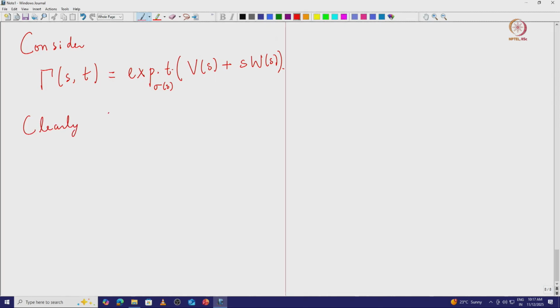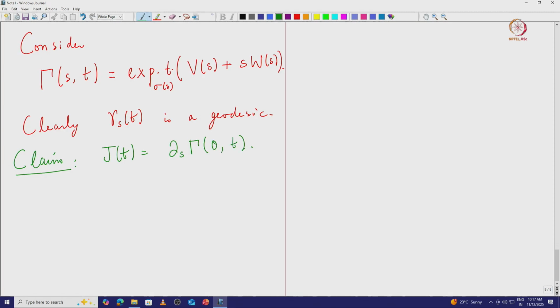Then clearly for each S, if you fix an S, gamma S is some exponential map, so it is some radial geodesic, so it is clearly a geodesic. My claim is that J is in fact the variation vector field of this variation.